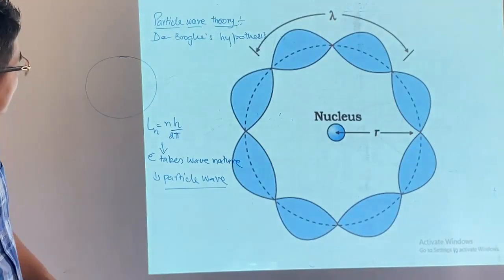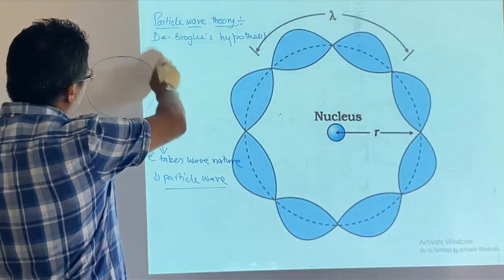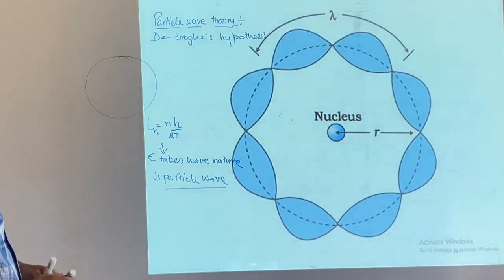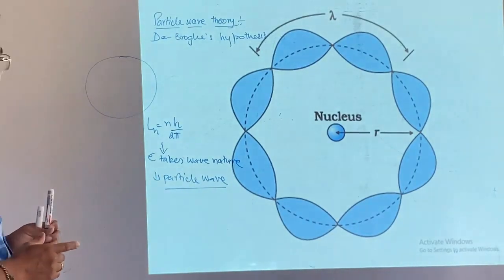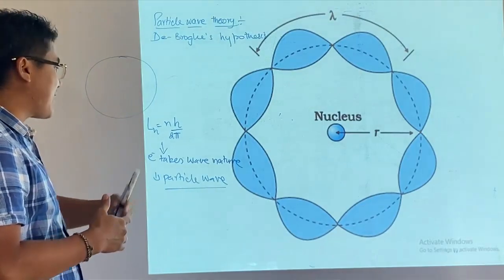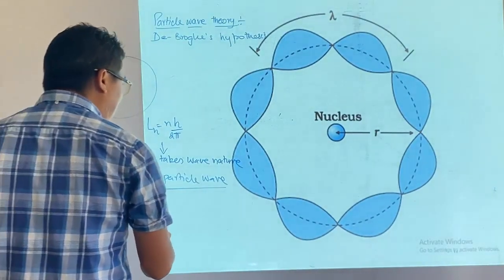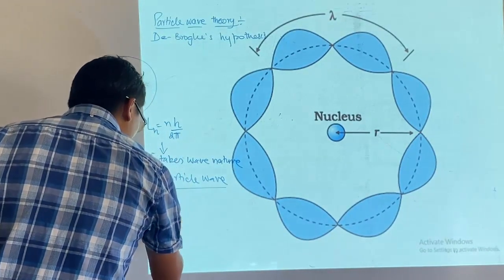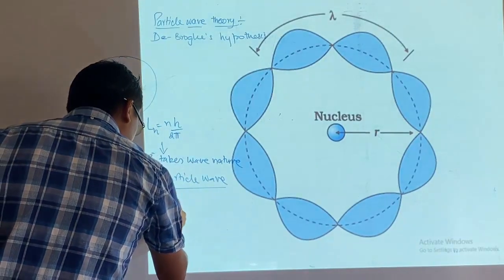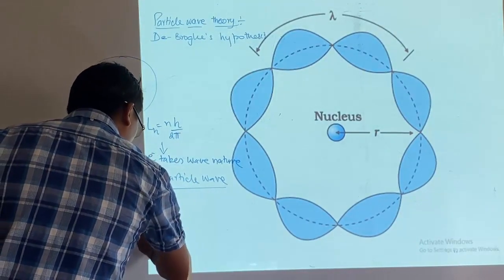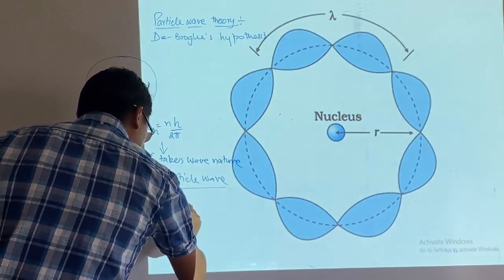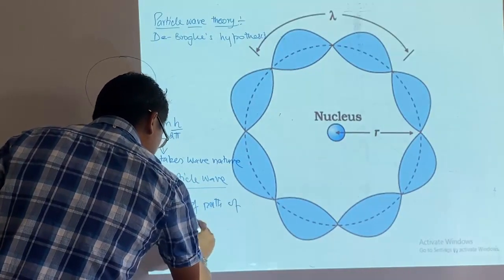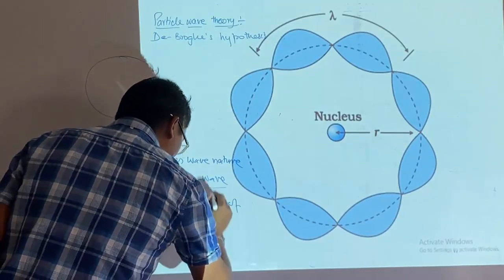Since the particle waves are confined in circular paths, the only wavelengths the electron can exhibit are such that the circumference, the length of the path of the electron, is equal to n lambda.